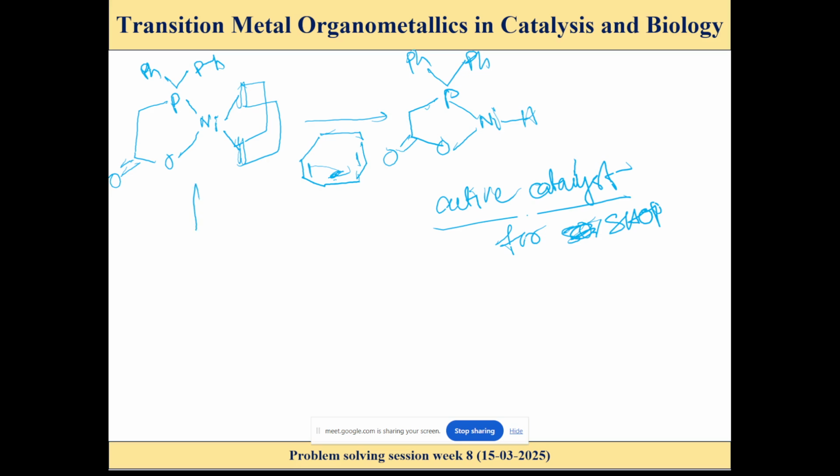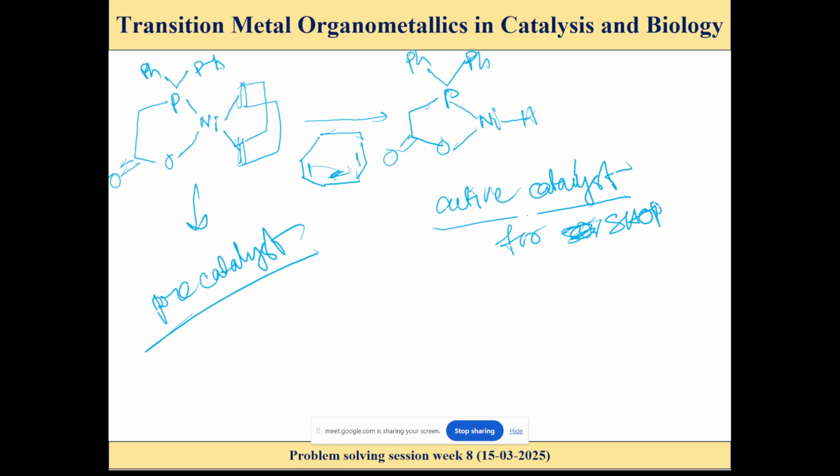This molecule is called the pre-catalyst. There is a difference between the pre-catalyst and the active catalyst. The pre-catalyst is what we make in the lab, on the bench, as a stable molecule.